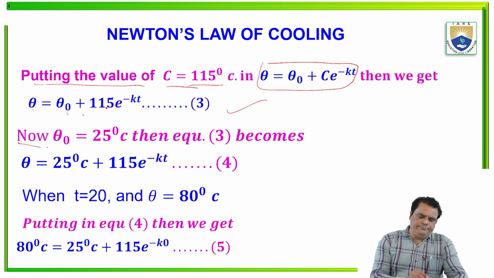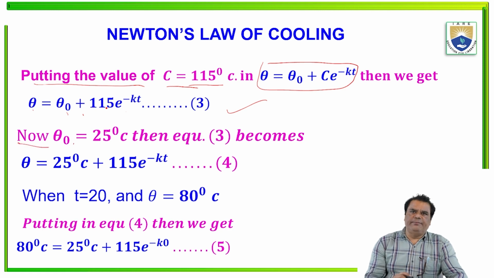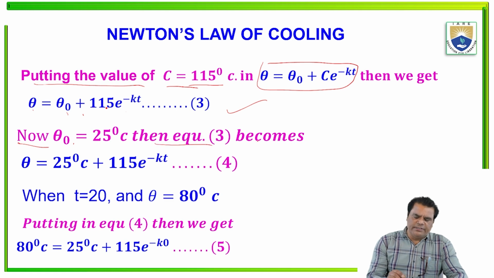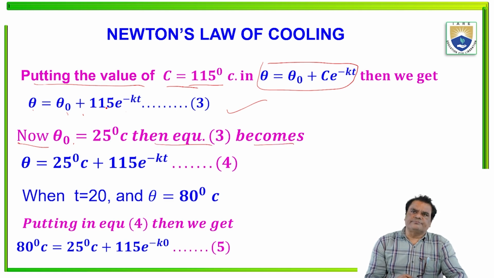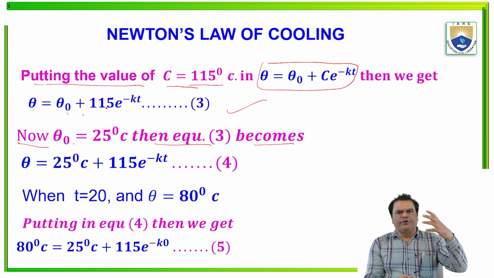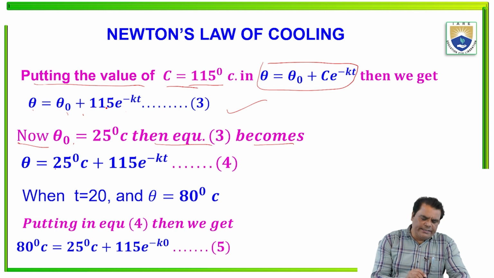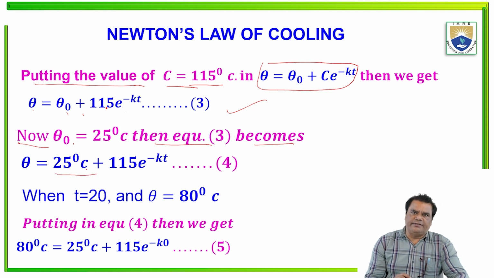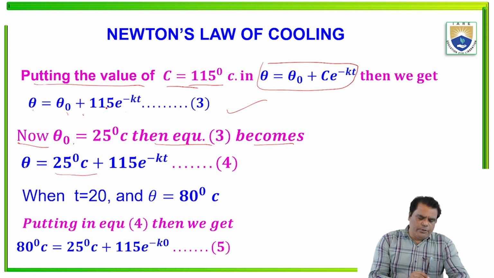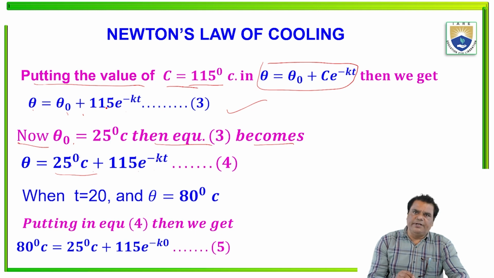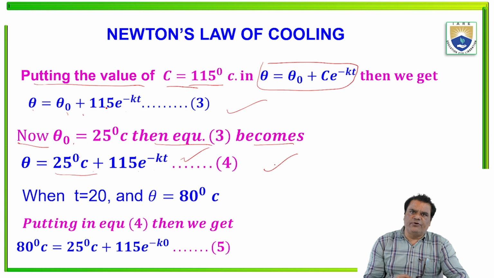Theta naught is always 25, constant. There is no change in the temperature of the air medium. So theta equal to 25 degrees centigrade plus 115 e to the power minus kt. This is equation 4.